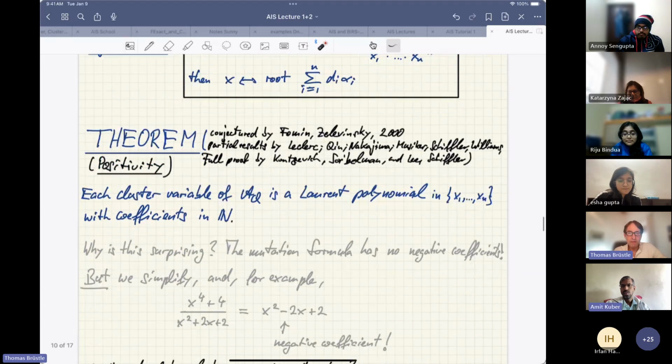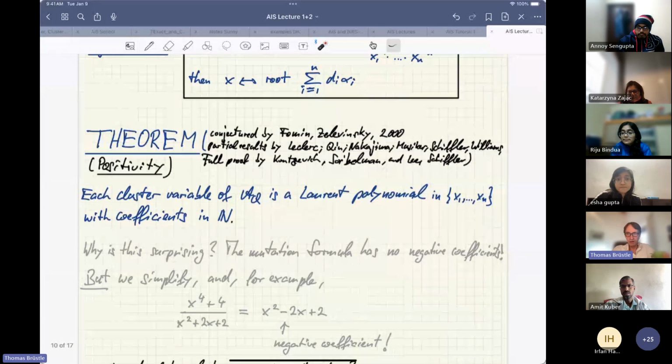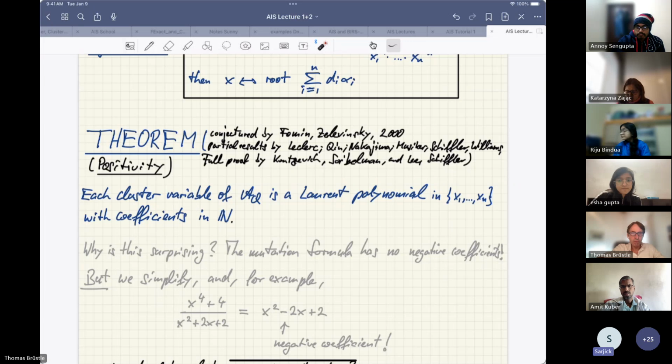I have a question. Sure. Regarding the citation, I believe Lee and Schiffler is for quivers, but for valued quivers, the full proof was Gross, Hacking, Keel, Kontsevich.